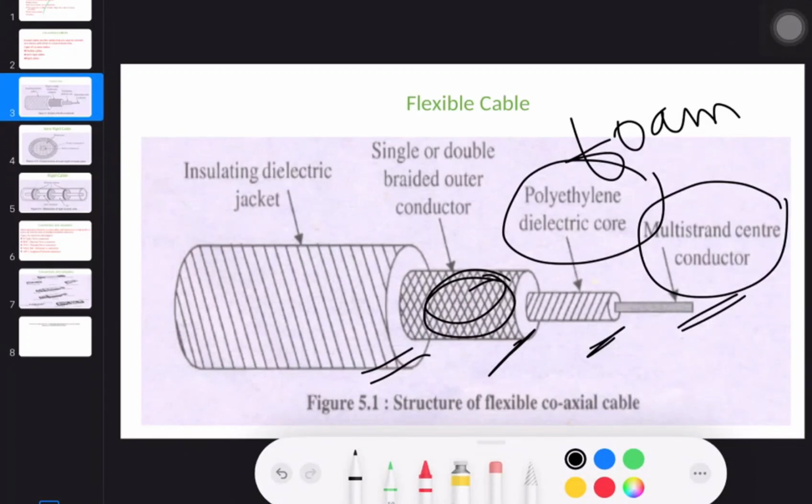The impedance of flexible cables is 50 ohms or 75 ohms. The main reason it allows flexibility is the presence of the dielectric material, foam polyethylene.